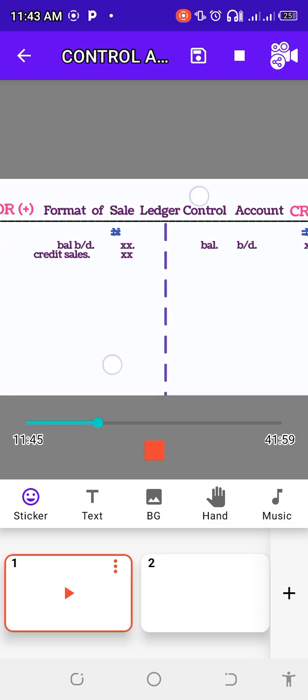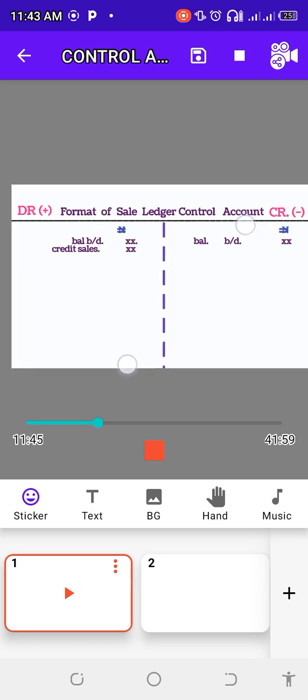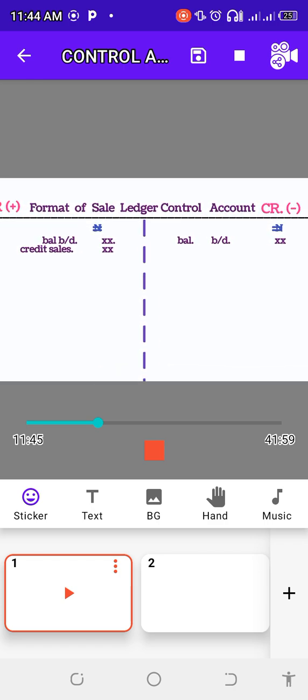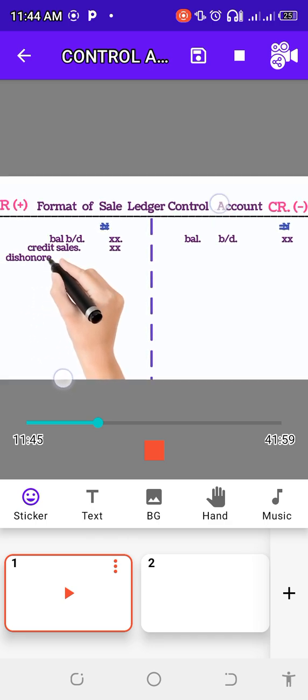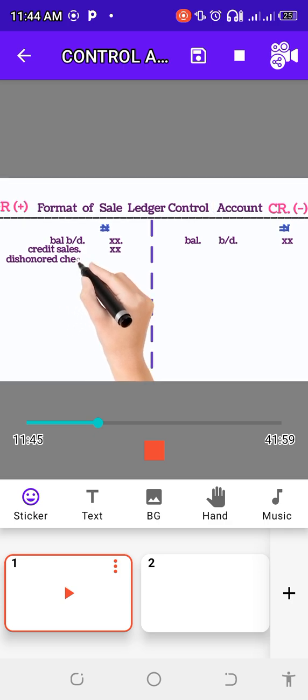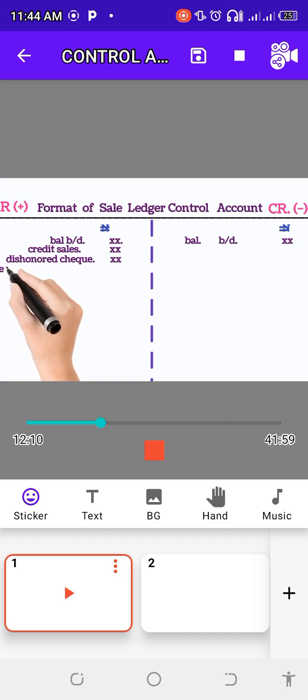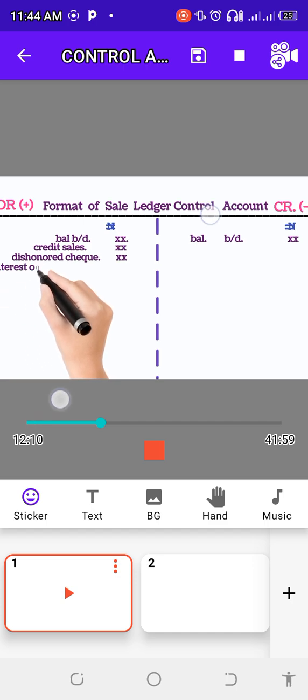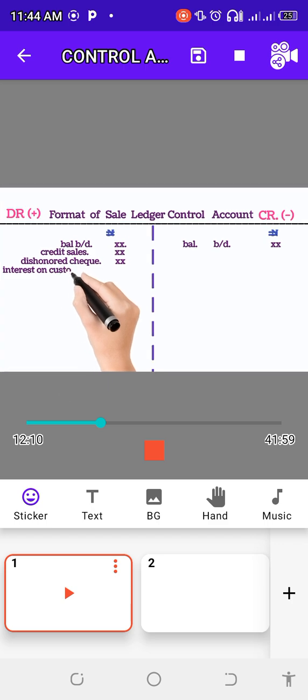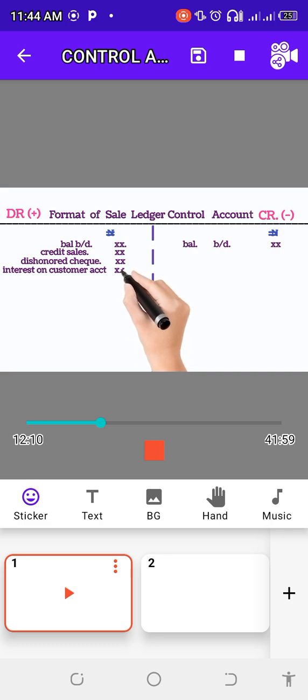Another thing that will increase this account, which will be on the debit side, is credit sales. That is, the balance of the sales journal or the sales day book will increase it, and so it will be on the debit side, as it shows the total amount of sales on credit in the period. Another thing that will increase it is interest on customers' overdue accounts.